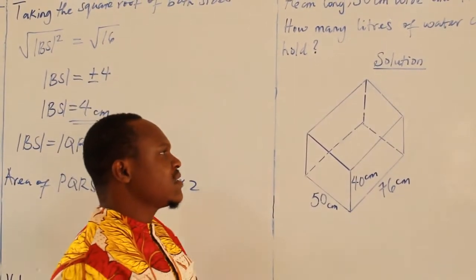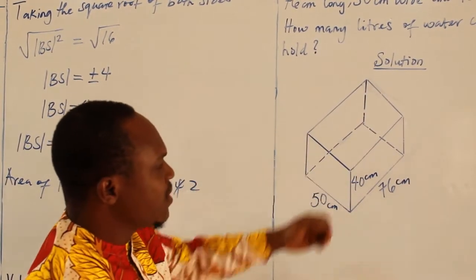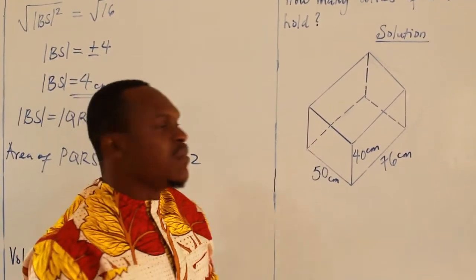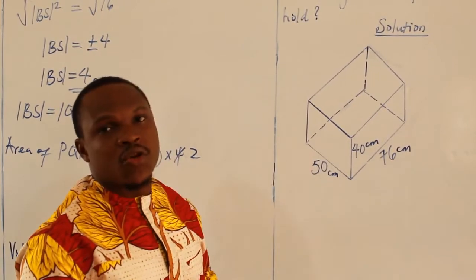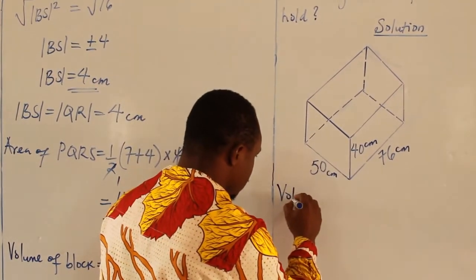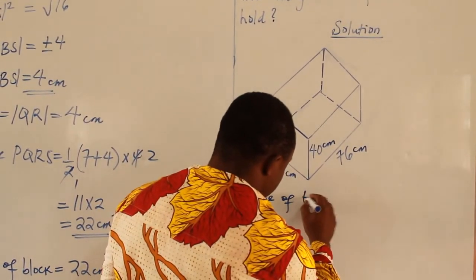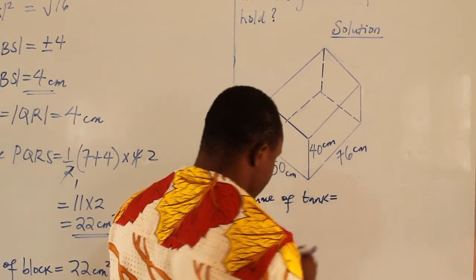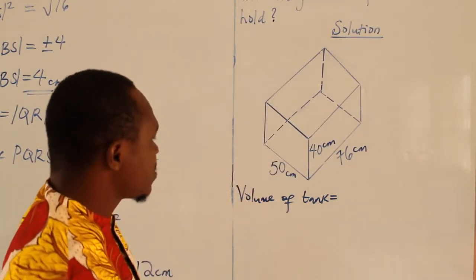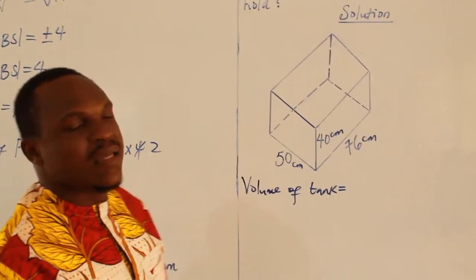Okay, since this has a rectangular base and a height, it means this is a cuboid. So the volume of the tank, we'll be using the formula for the volume of the cuboid, which is the length multiplied by the breadth multiplied by the height.